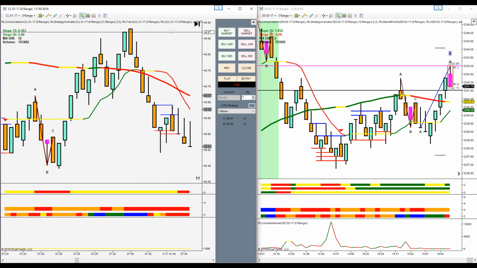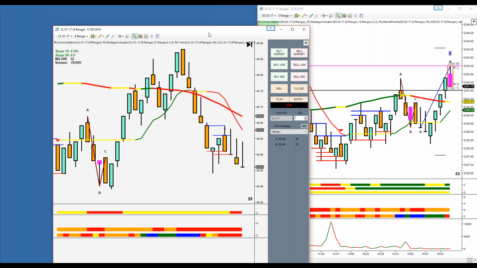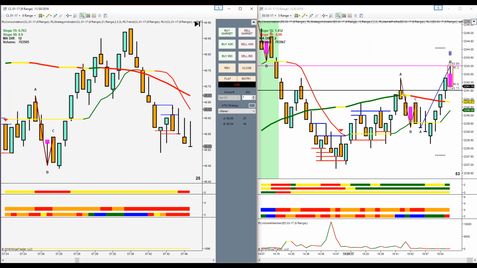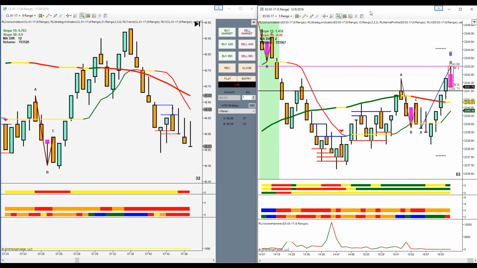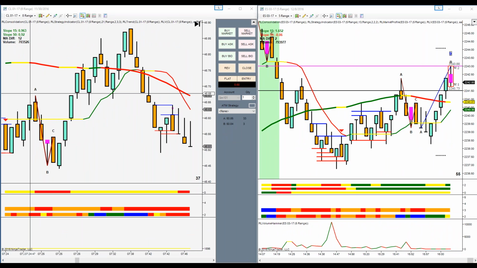Let me just bring up the dashboard. I don't know where it went. Oh, I know. Okay, hold on. I know why it's not there. I have to connect the workspace. Hold on a second. Let me disconnect and reconnect.